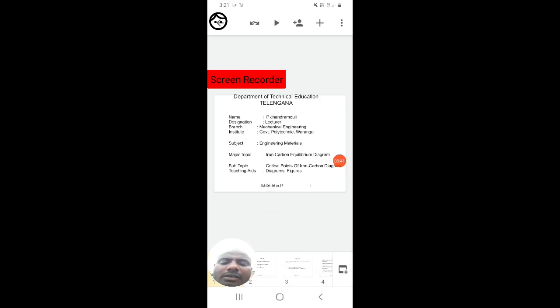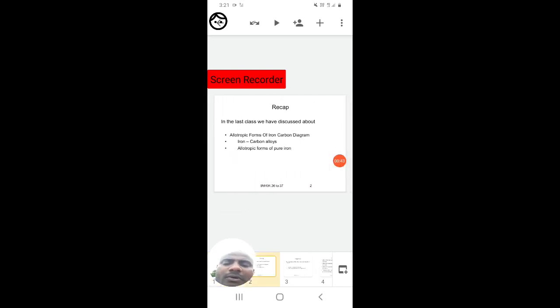So already in the last class we have discussed the recap. In the last class we discussed the allotropic forms of iron, iron carbon alloys, and allotropic forms of pure iron. Allotropic means at different temperatures iron exhibits different types of structures.